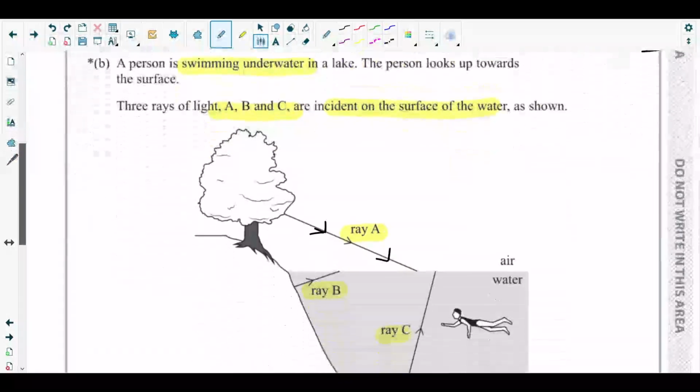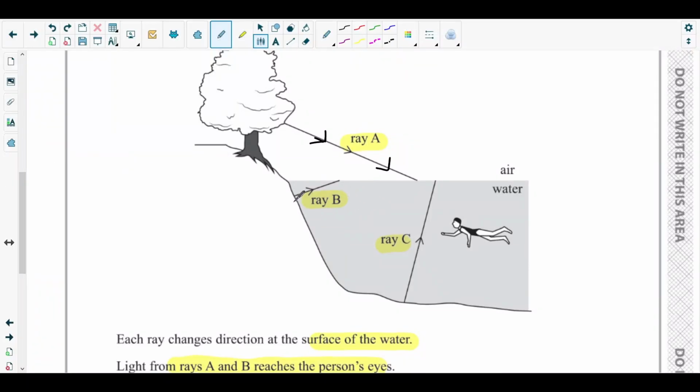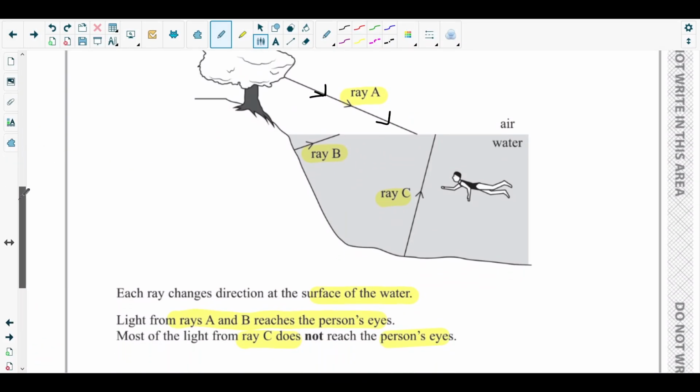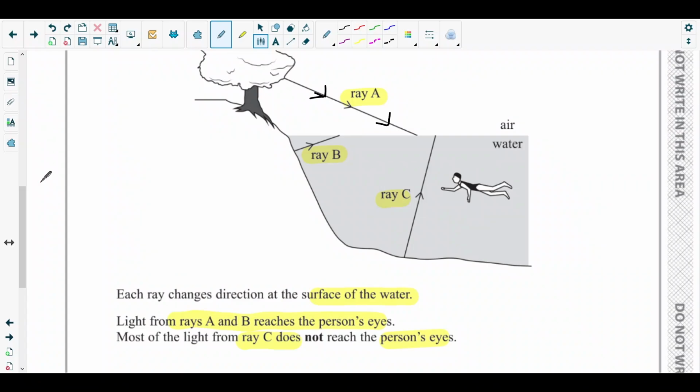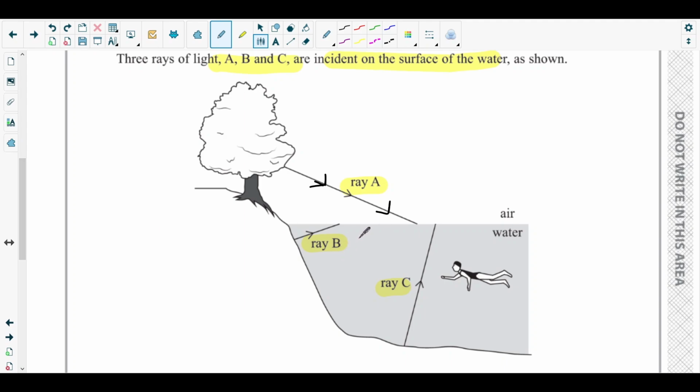Next, ray B. The question has said that ray B has also reached the person's eyes. So that means ray B is passing from water to air, from denser to a rarer medium. We have already said that earlier.